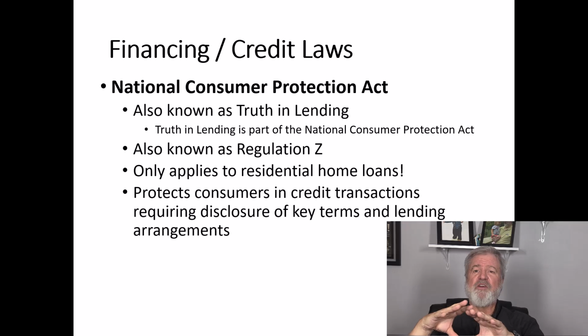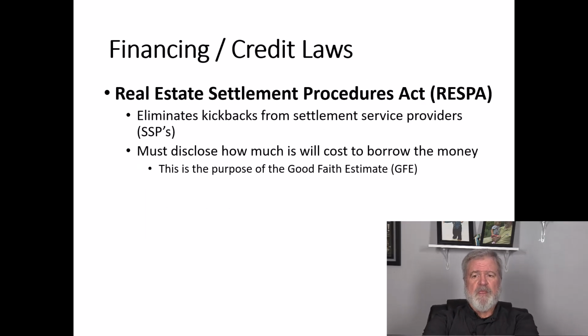But y'all, anything you're doing to your home, on your property, and you're borrowing money, that's part of your home. That would fall under truth in lending. But there's nothing commercial about putting a pool in your yard. Anything commercial does not fall under truth in lending. Y'all, truth in lending only applies to residential loans.